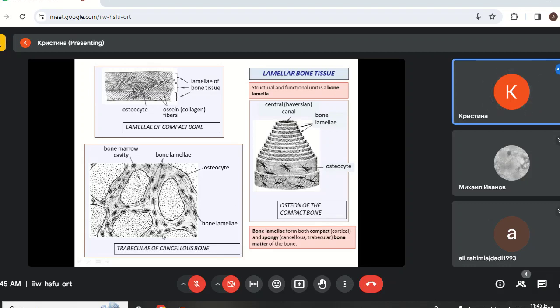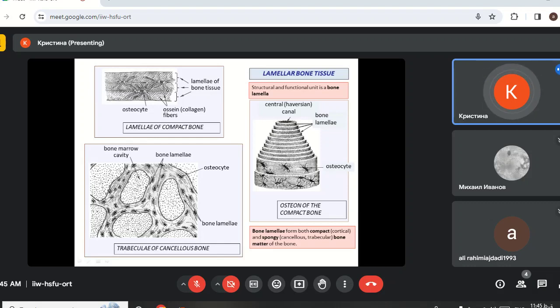And here is the cancellous or spongy bone. It consists of trabeculae, these areas of bone, and between the trabeculae we have spaces which are called cavities, filled with bone marrow. So here are the bone marrow cavities filled with red bone marrow, inside which the formed elements of blood are formed.